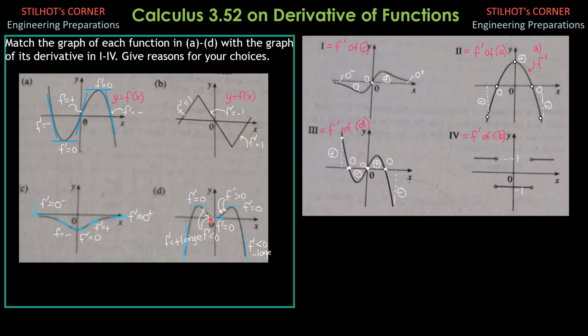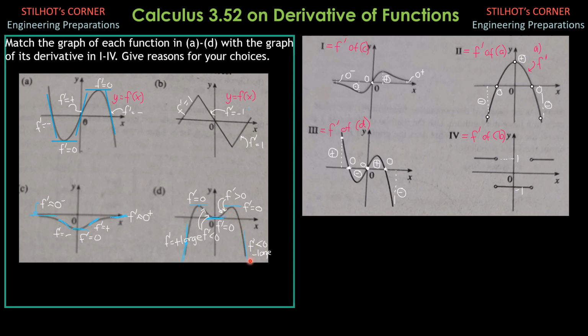Then from horizontal, slope 0, it increases positively. So the maximum value is at the point of inflection, which is here, positive slope, so +1 maybe. Then it becomes 0 at the highest point, 0 here. Then finally, the slope is increasing negatively.